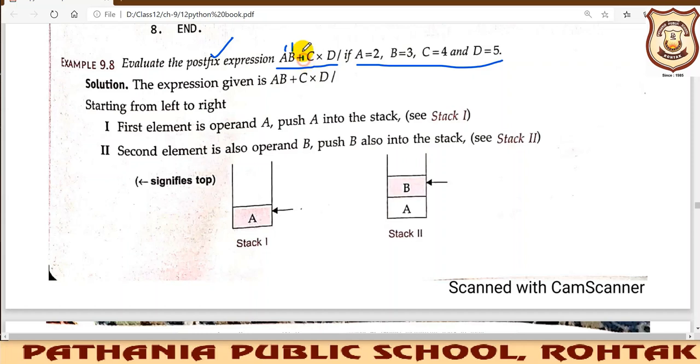But as an operator is encountered, the operands have to be popped to apply that particular operation. We have A and B, these are operands. As we get the plus operator, plus is a binary operator. In yesterday's lecture I also told you about binary operators and unary operators. Unary operators are like not, which we discussed yesterday.